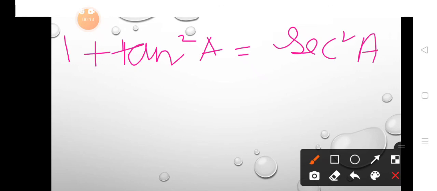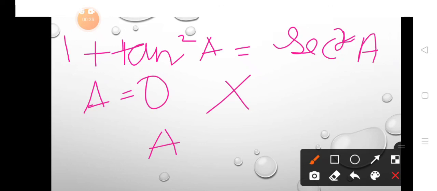You see here, just now we found one identity, that 1 plus tan square A equal to sec square A. This equation is true for A equal to 0, but it is not true for A equal to 90.